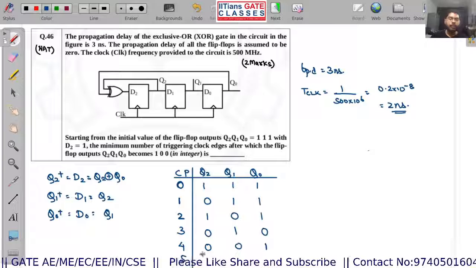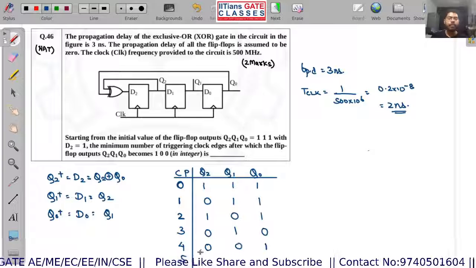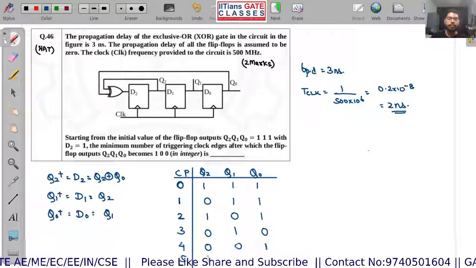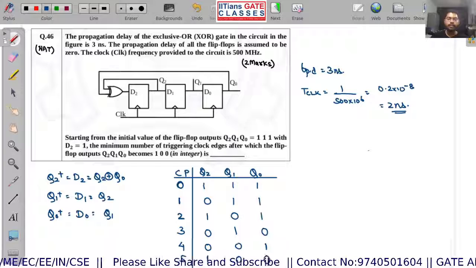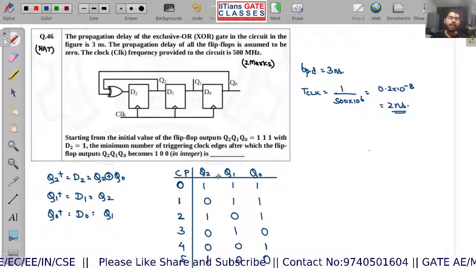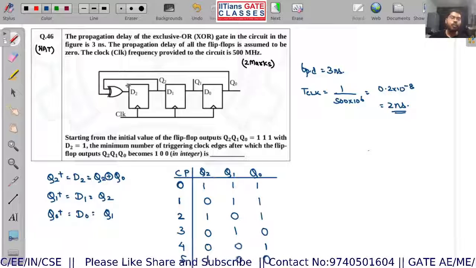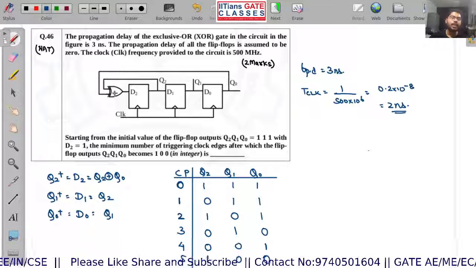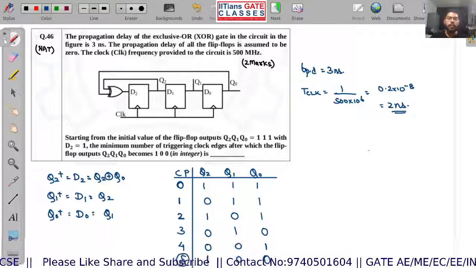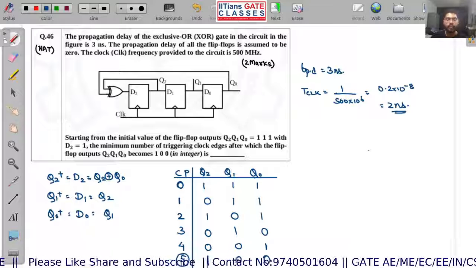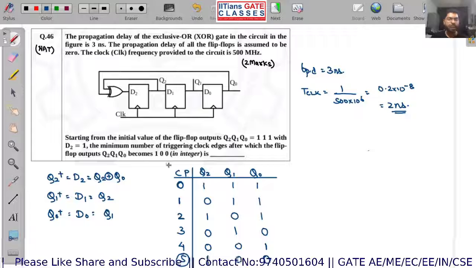At the fifth clock pulse, this 0 and 1 will XOR, and this 0 will come here, and this 0 will come here. So when there was no propagation delay in the XOR, you can see that at the fifth clock pulse you get the state they have asked.